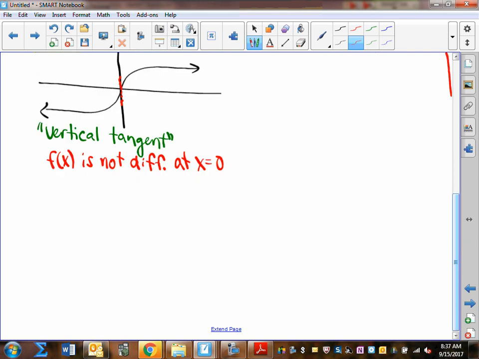Because for this guy, the limit as x approaches 0 of my derivative is undefined, so my limit doesn't even exist. So if that limit doesn't even exist, we can't take it.